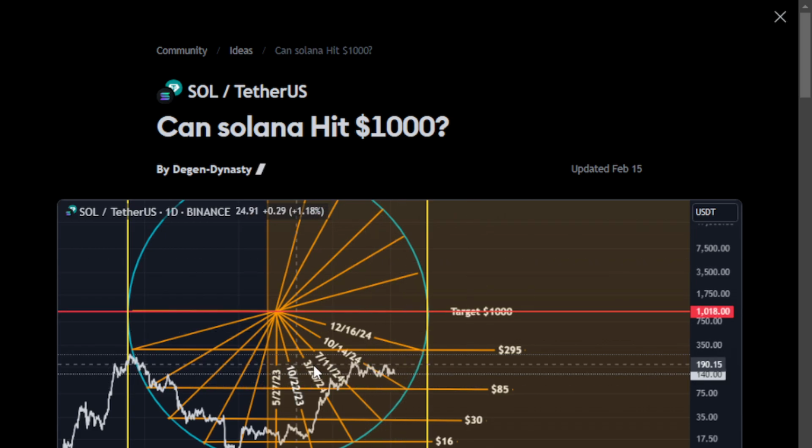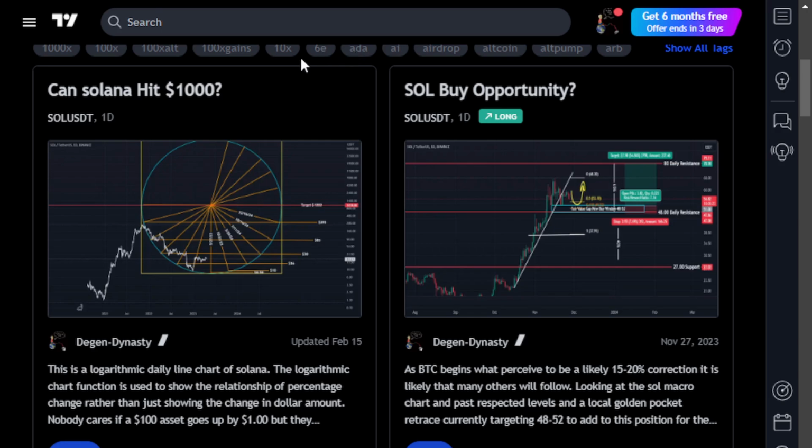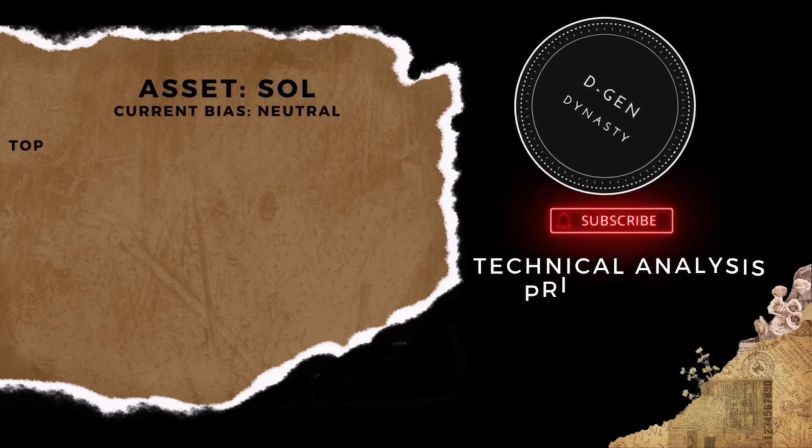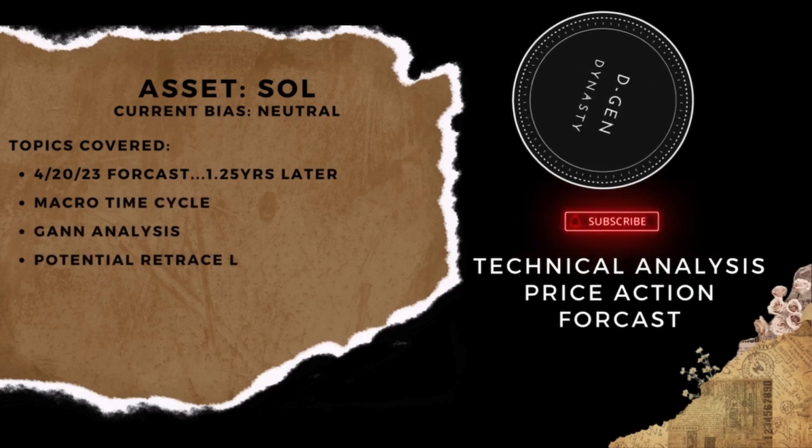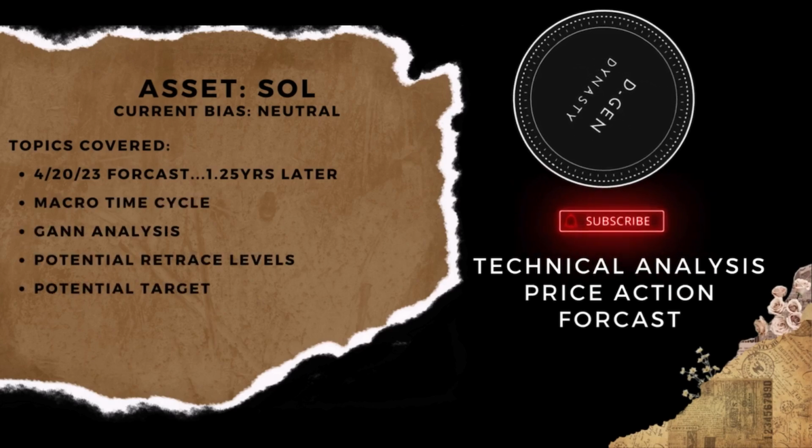We'll look at some of these other proportional relationships, and we are going to build ourselves a little chart. We already looked at our April 20th, 2023 forecast, 1.25 years later. The first thing I want to look at is our macro time cycle.